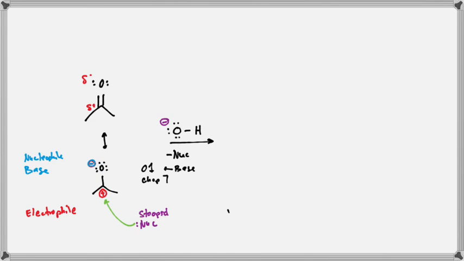But if we make it more explicit, we could acknowledge that there are hydrogens at the alpha position to the carbonyl. Our carbonyl is our primary functional group, and that alpha position, one carbon off of that carbonyl, has hydrogens.